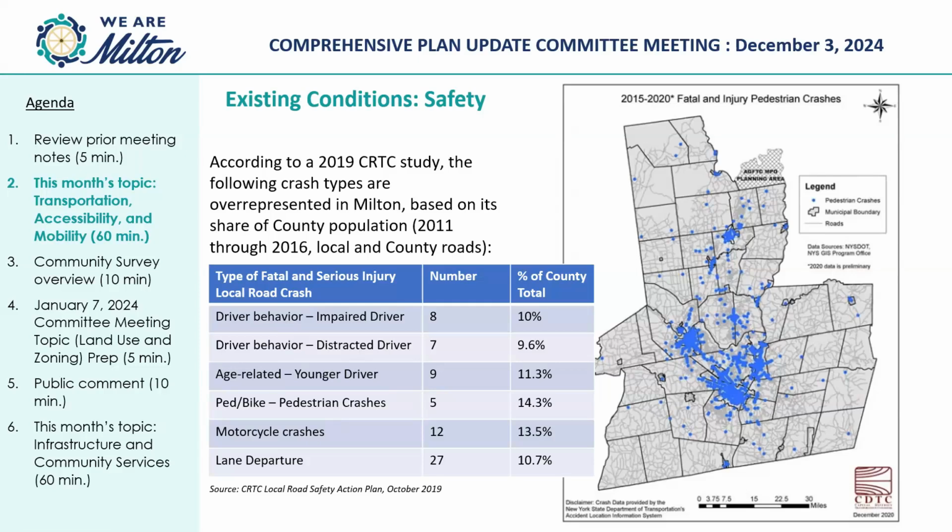You've got geometric issues, higher speeds, less lighting, and so on. So that's a common rural crash type. Motorcycle crashes happen throughout the region, rural or urban.